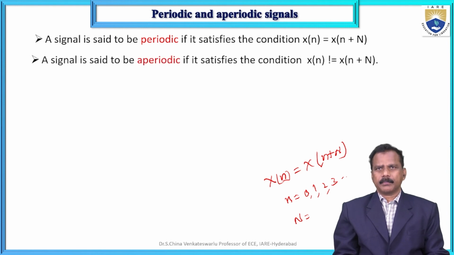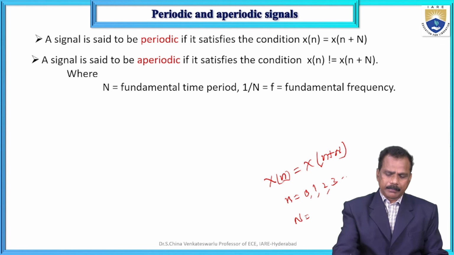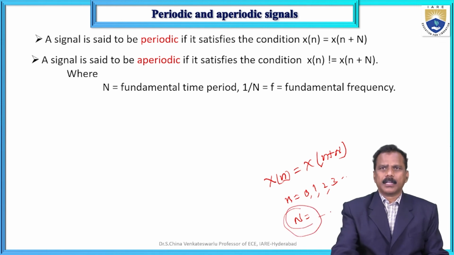The signal is said to be periodic if it satisfies the condition x of n is equal to x of n plus capital N, where capital N is the fundamental time period.